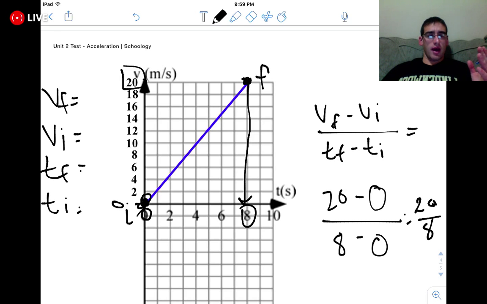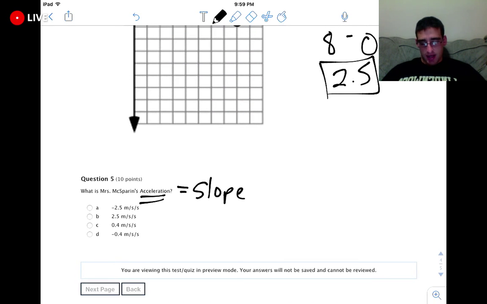And if you just go ahead and punch that into your calculator, what you're going to see is that it is 2.5. So our correct answer was 2.5 meters per second per second.